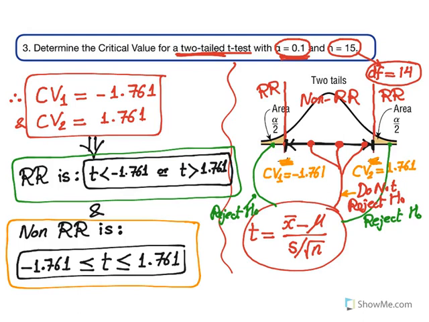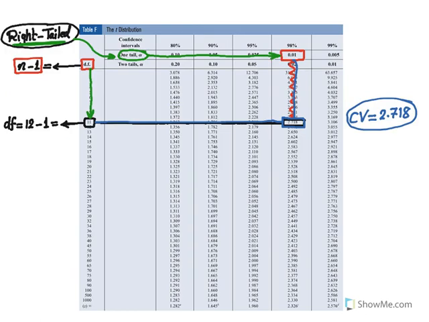And for using the t-table, you need the degrees of freedom and whether the test is one tail or two tails. If it's right or left, then it's a one-tail test. If it's two-tail, then it's, of course, a two-tail test. And so you look for the alpha in the right row.